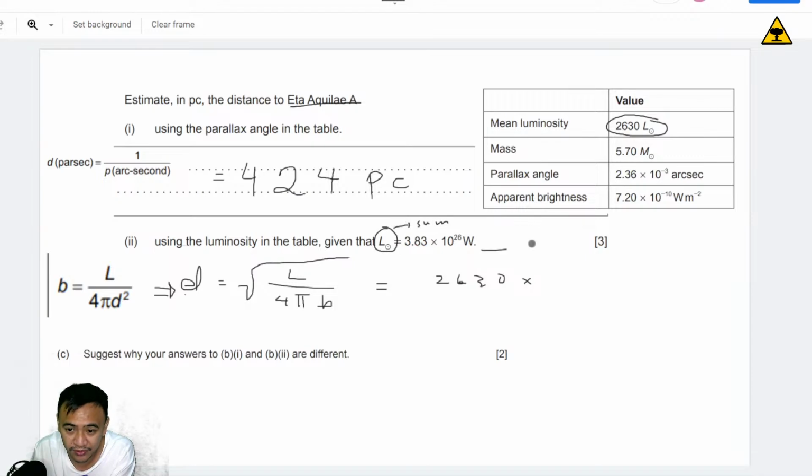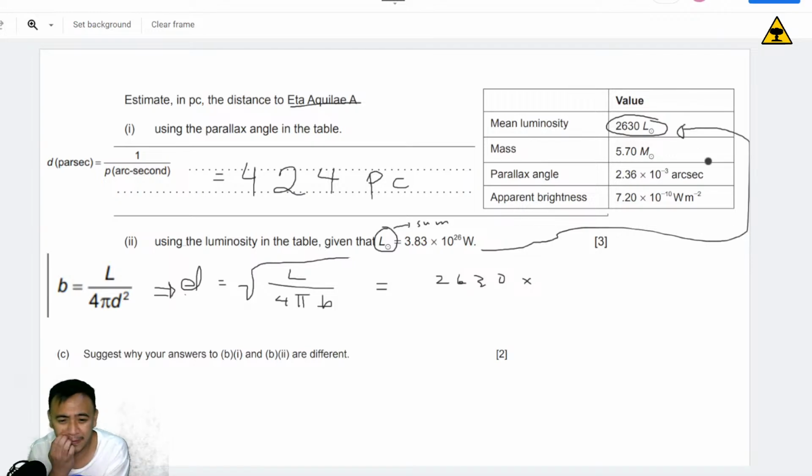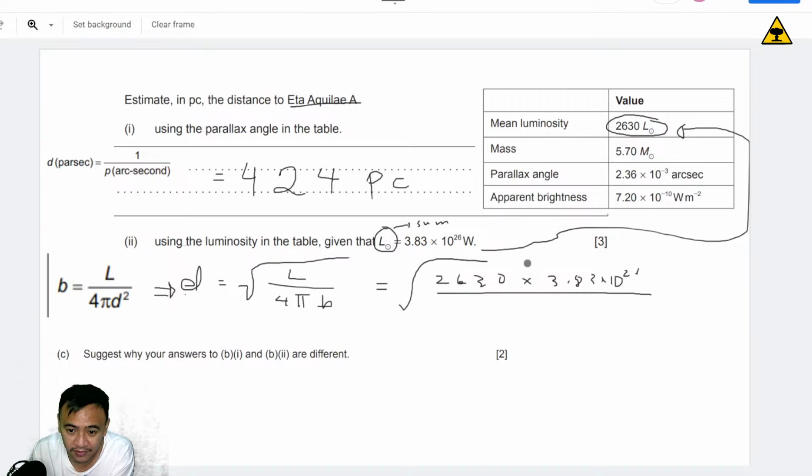You have to put this value in here, times 3.83 times 10 to the 26. Oh, I will not forget that square root.